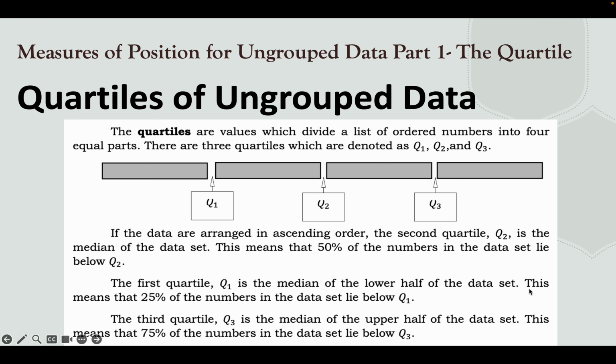This means that 25% of the numbers in the data set lie below quartile 1. And the third quartile or the upper quartile is the median of the upper half of the data set. This means that 75% of the numbers in the data set lie below quartile 3.